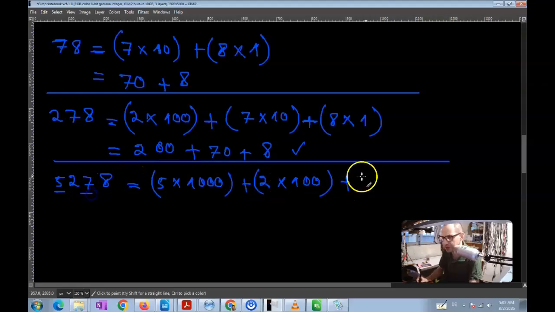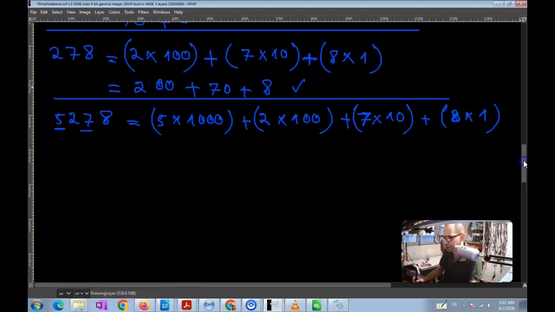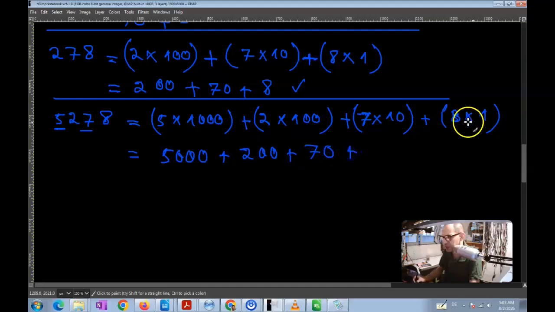This 7 is in the tens place value, so I have 7 times 10. And this 8 is in the ones place value, so that's 8 times 1. Now if you calculate this, 5 times 1,000 is 5,000, 2 times 100 is 200, 7 times 10 is 70, and 8 times 1 is equal to 8. That's how you can write 5,278 as the sum of these numbers.